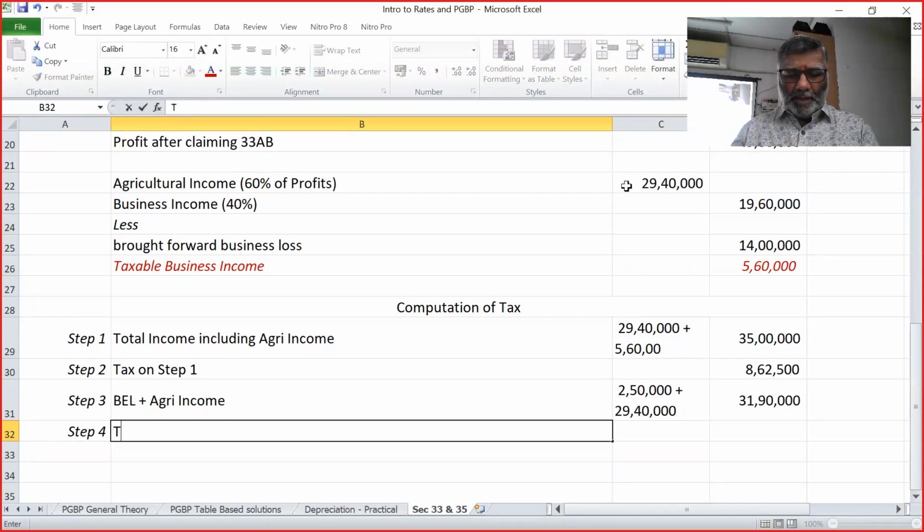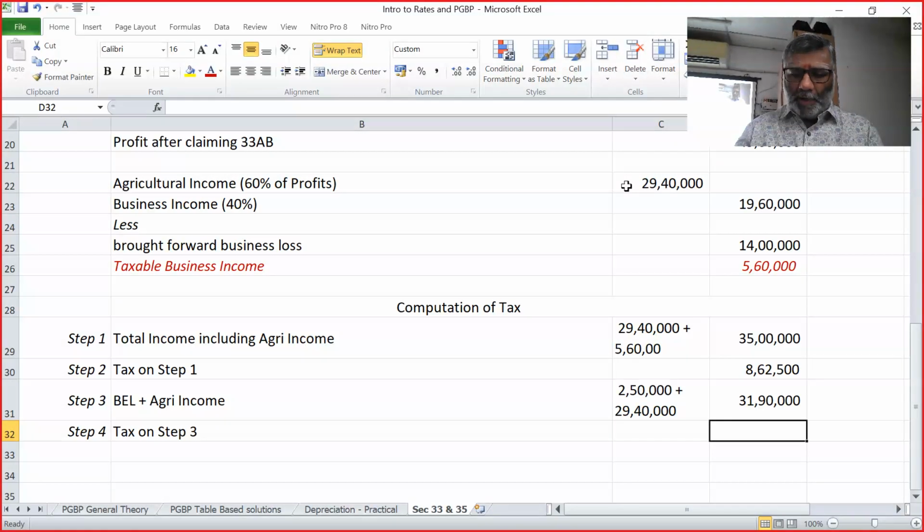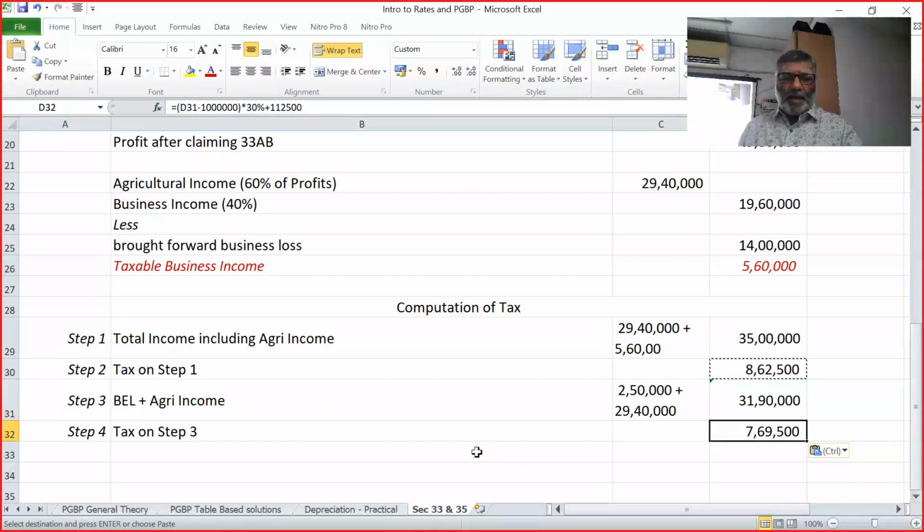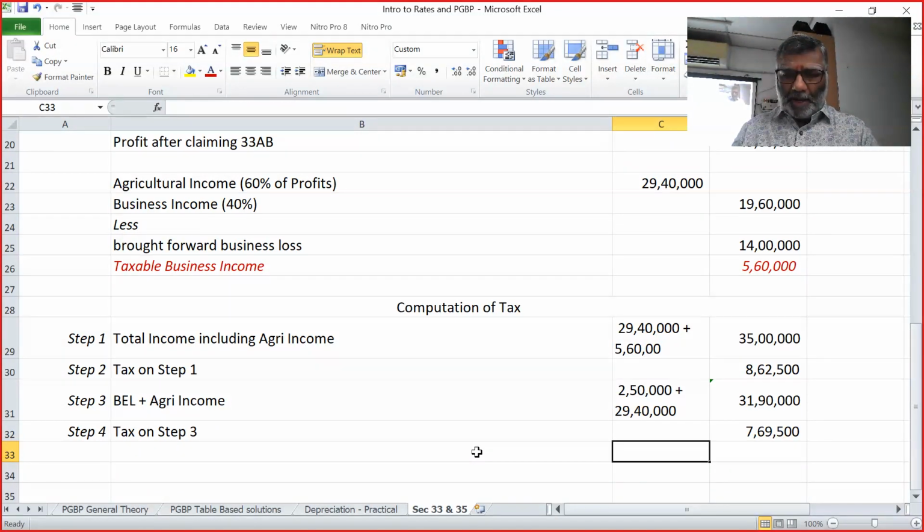Step 4: tax on step 3. Same formula: 21 lakh 90,000 into 30% plus 1 lakh 12,500.